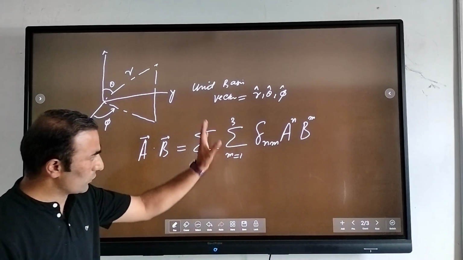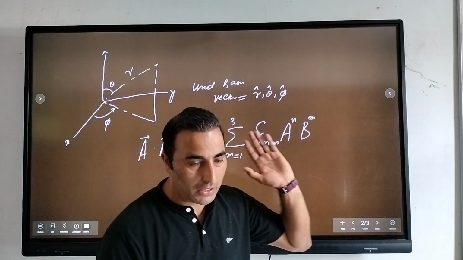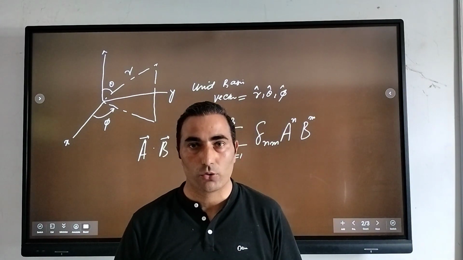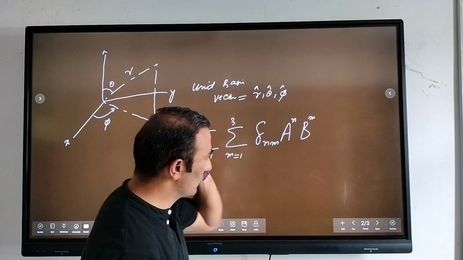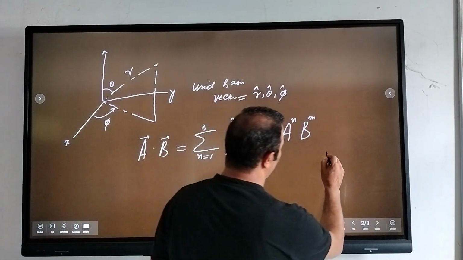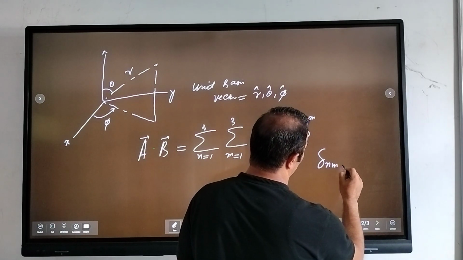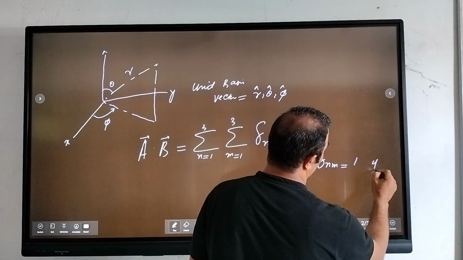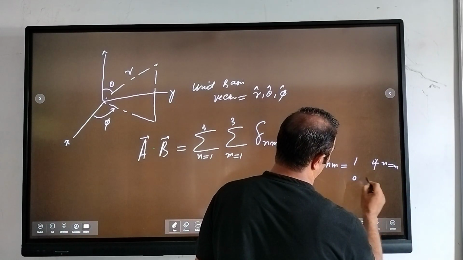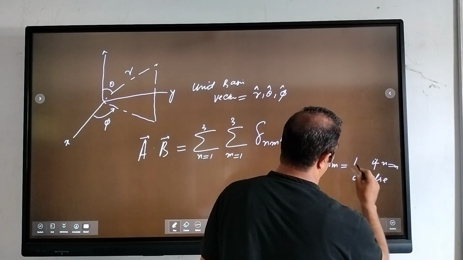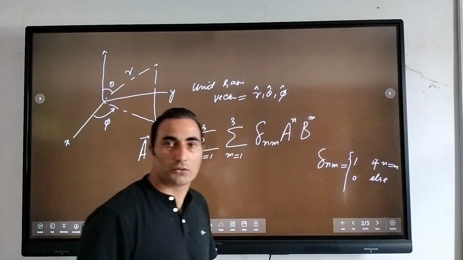Okay, so this is what we have. So अगर आपने ये पढ़ा होगा, if you have watched that video, I have calculated a dot b. If you take the dot product between the vectors, that's equal to this one, and this delta is our canonical delta, that's equal to 1. Right? So this is clear.